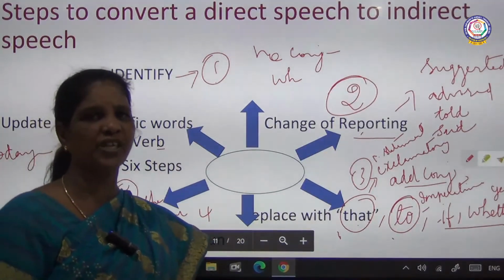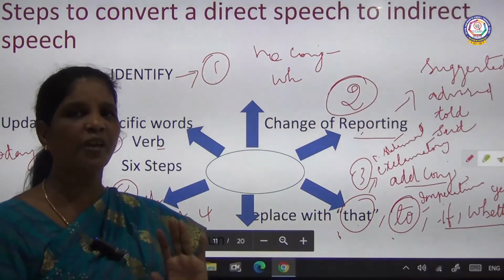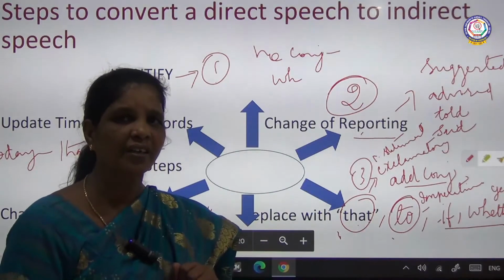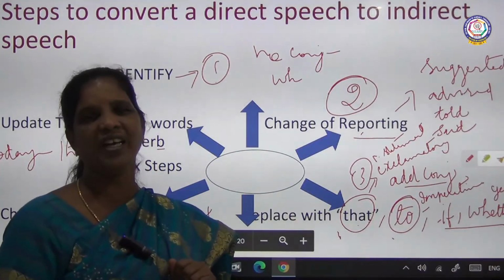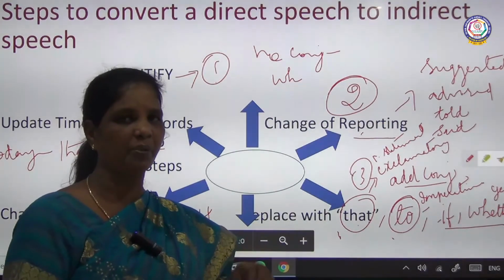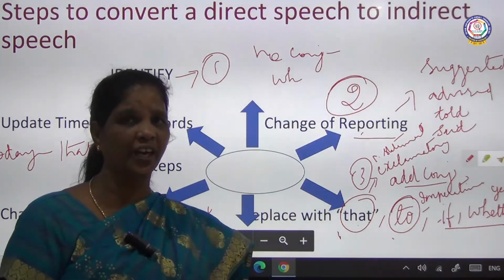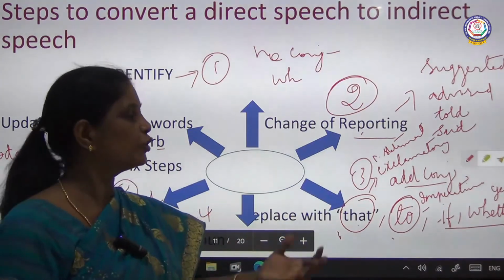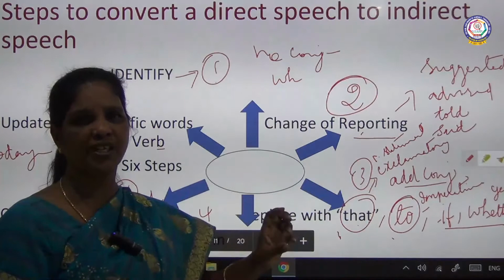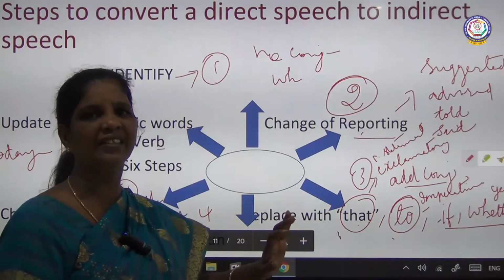So a WH question has an allergy with conjunction. Keep in mind, a WH question has an allergy with conjunction when it is changed from direct to indirect. Sometimes you will be having brinjal allergy, some food allergies. So here you keep that conjunction is an allergy for a WH question. So it will not add any conjunction.